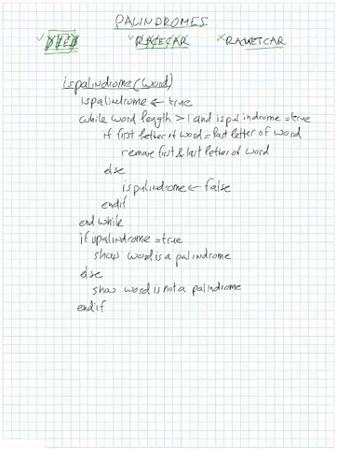Now you can see how I solved this, how I translated this approach to an algorithm in pseudocode. So I call this algorithm isPalindrome, or palindrome check would also have been a nice name.